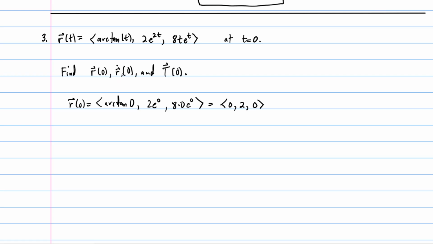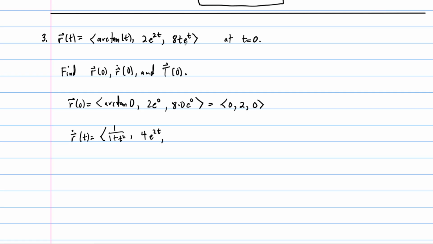All right, the next two things we want to find involve r dot. They involve the derivative. We have to take the derivative before we plug in 0, right? So r dot of t needs to be computed first. We'll just go in order. The derivative of arctangent is 1 over 1 plus t squared. The derivative of the second is going to be a chain rule, so this will be 4e to the 2t.